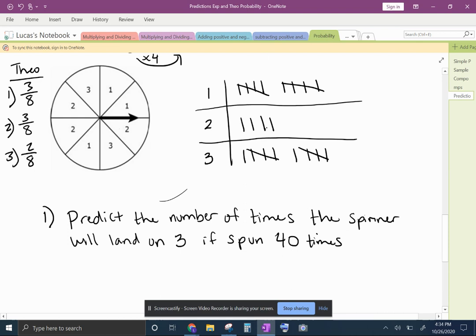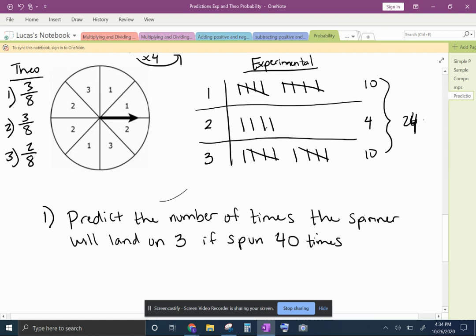Okay. And here we have some data here. This is our experimental data. And we have 10 here, 10 here, and 4 here. Altogether, that gives me 24.